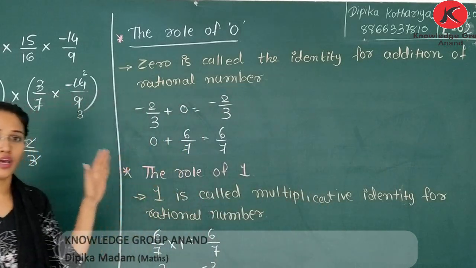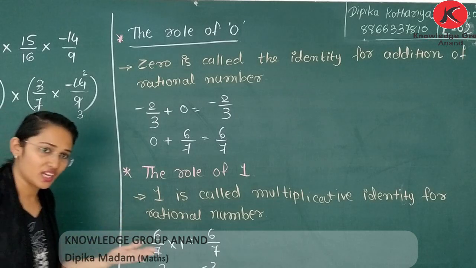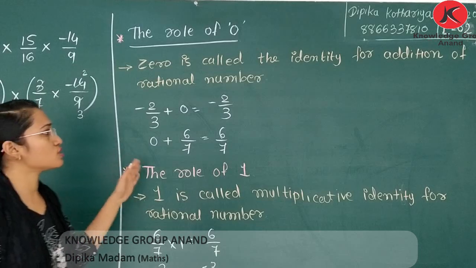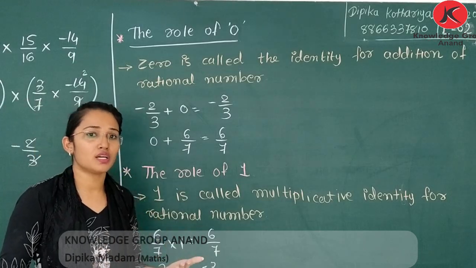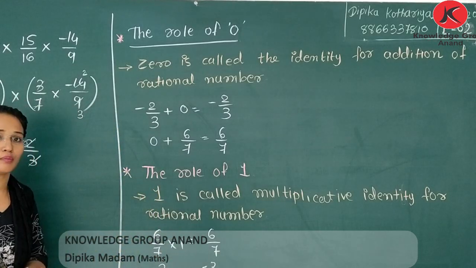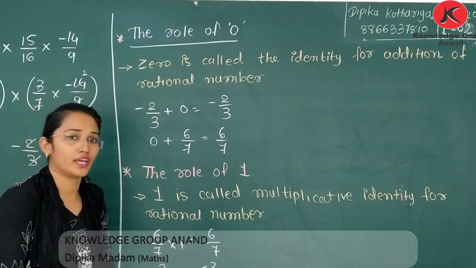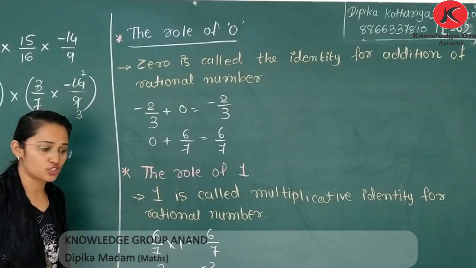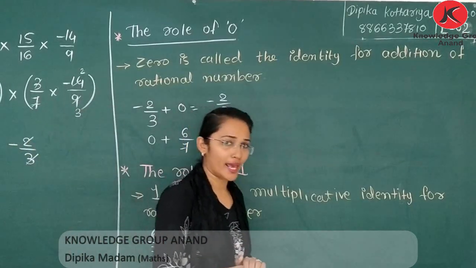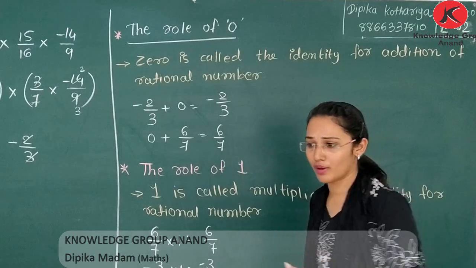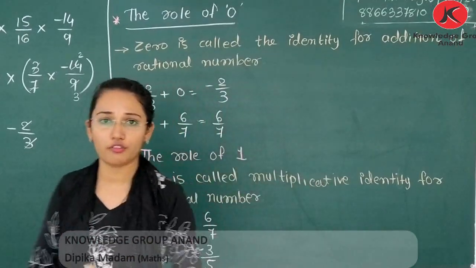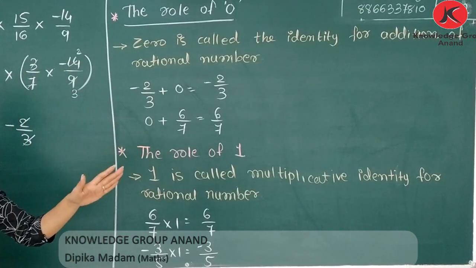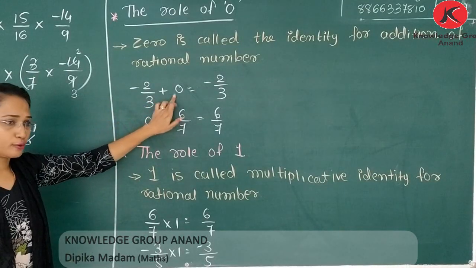Take any number and add 0, and you get the same answer. That's why 0 is called the identity for addition. This question can be asked as a blank or in an MCQ: what is the identity of rational numbers, or fill in the blank: the identity of rational numbers is blank. That is 0.